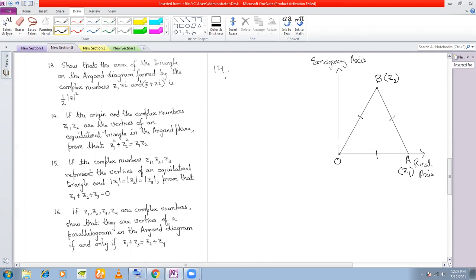Okay, I start by saying, let each side of the equilateral triangle be equal to A units.